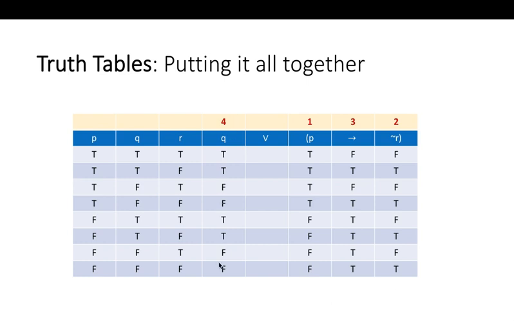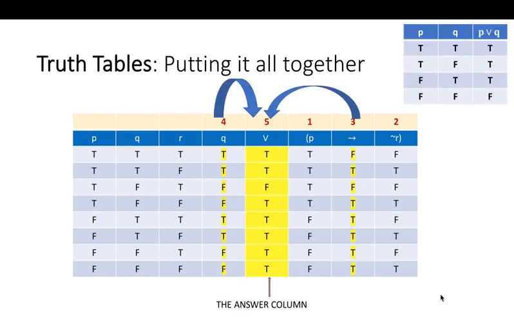Next, I filled in column 4. Column 4 just requires me to rewrite the Q column. So true, true, false, false, true, true, false, false, true, true, false, false, true, true, false, false. The last column is this column of the OR statement. Here's the OR truth table for your reference. So when Q is true or false, that statement is true.